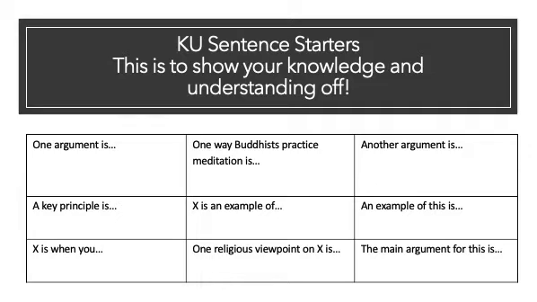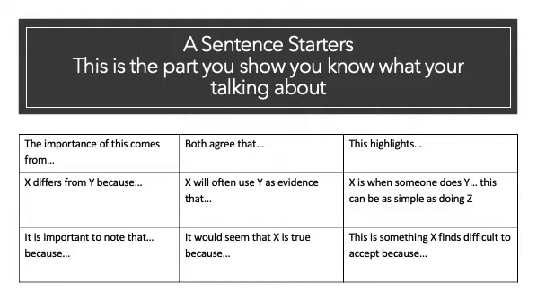Another argument is that Muslims fully agree with retribution. A key principle is Kantian ethics believe that. X is an example. These are all examples that you can use. I will give you a document with all this information.